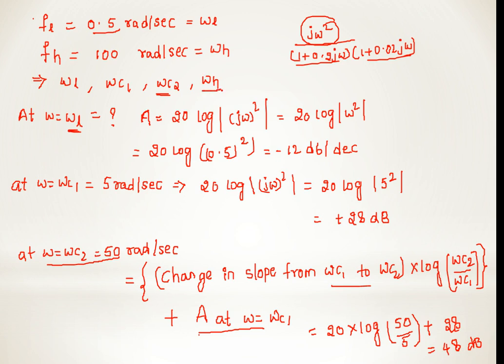Similarly, we have one more corner frequency, that is omega h. So we have to calculate the magnitude at omega h also. The omega h we are assuming is 100 radians per second.